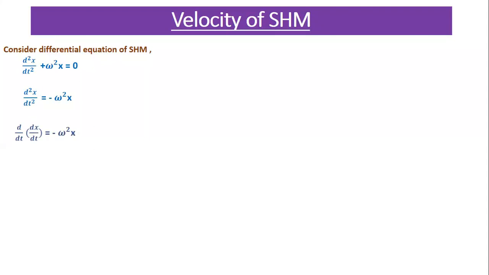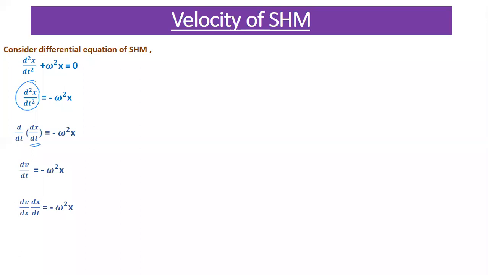Now we split up this term as d by dt multiplied by dx by dt, and this term is velocity. So we can write dv by dt is equal to minus omega square x.